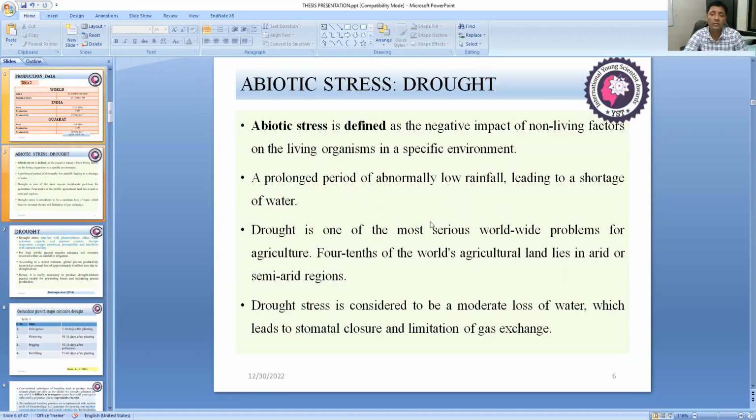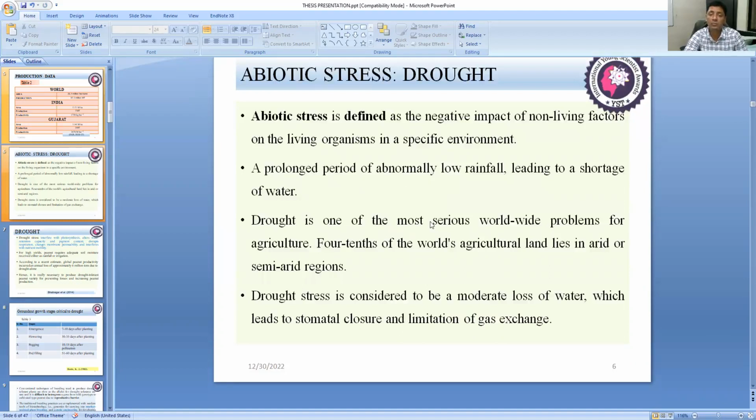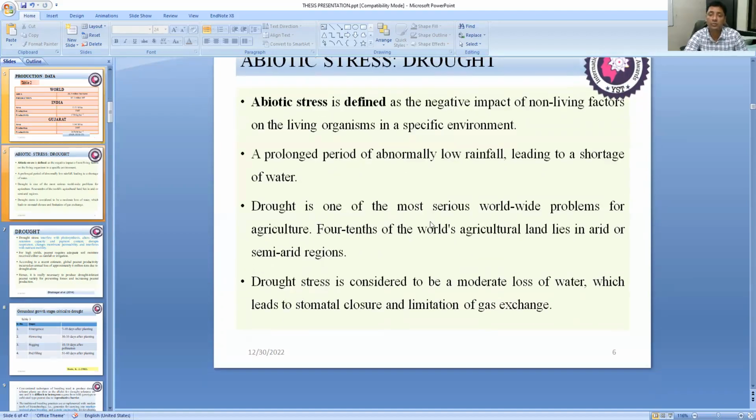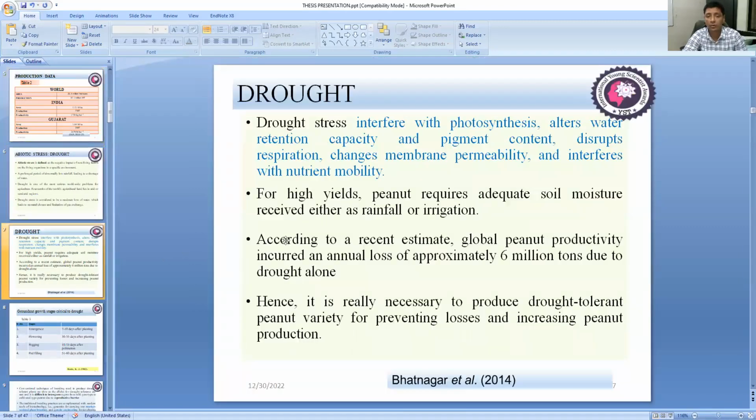Moving ahead, another important thing related to stress is drought conditions. In drought conditions, mainly interference with photosynthesis, altered water retention, respiration, changes in membrane permeability, and interference with nutrient mobility are the key features while you are imposing drought stress.